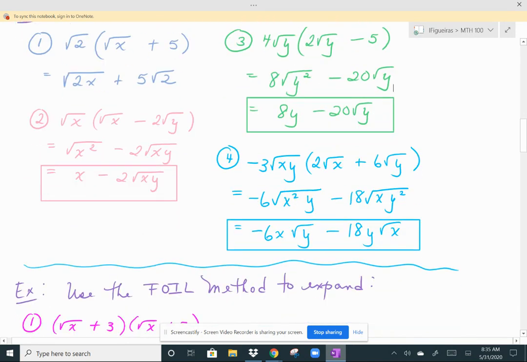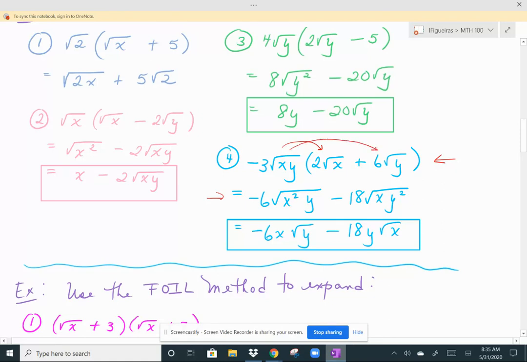Okay, so here's another one, number 4. I have negative 3 root xy times 2 root x plus 6 root y. Okay, so when I multiply here, the negative 3 and the 2 get multiplied to give me negative 6, and the inside part of the radical becomes x squared y. Now distribute to the next one.